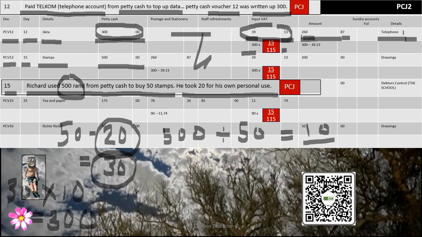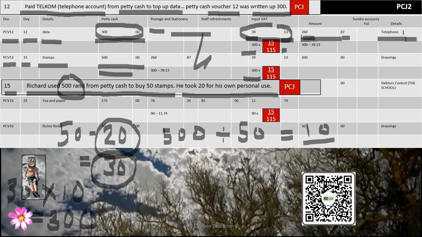So let's see how to record that now. So the total amount was 500. What is the postage and stationery for the business? Remember, 20 stamps the owner took for his own personal use. If the owner takes something for his own personal use, it is drawings. But let's first look at the business expense.